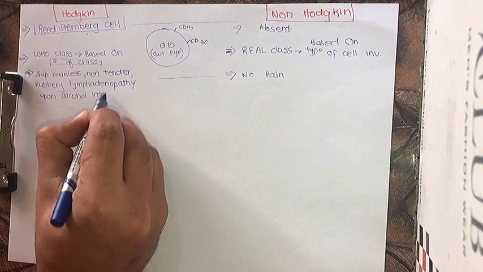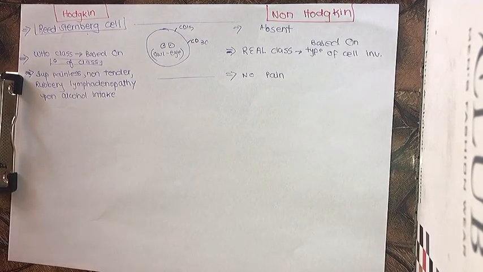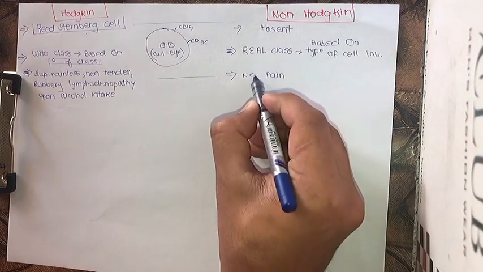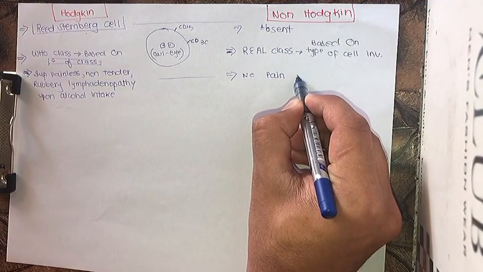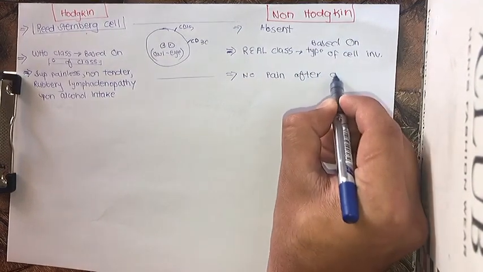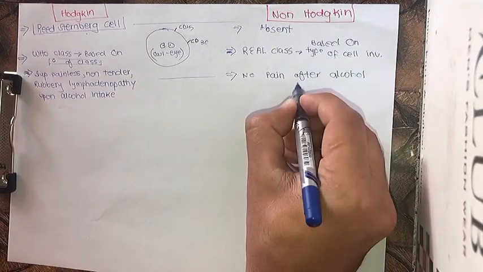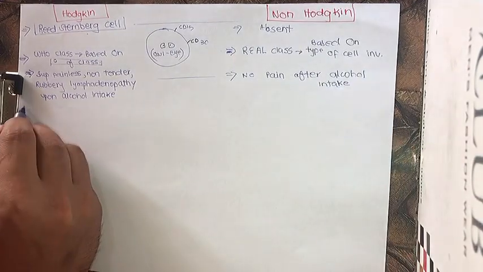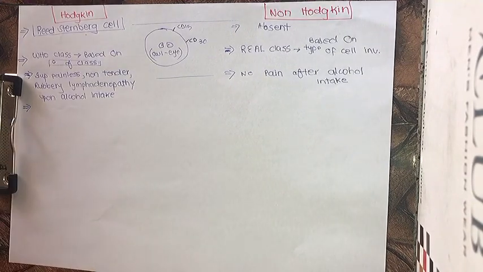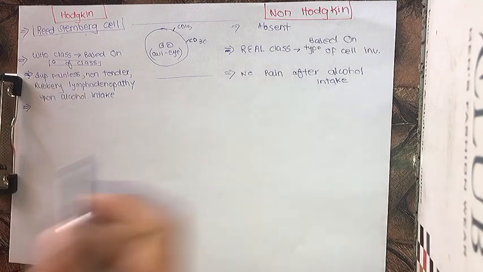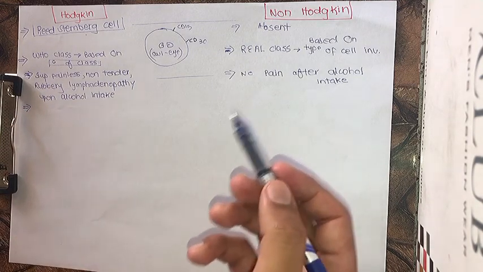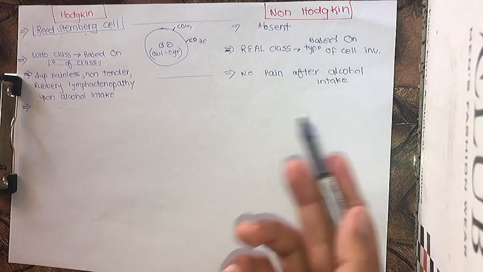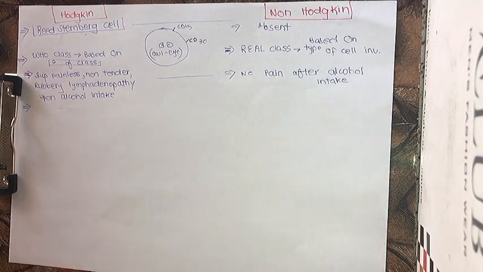If a patient is alcoholic, whenever he takes alcohol he will face these symptoms, whereas in non-Hodgkin's there won't be any pain after alcohol intake. So this was one feature.